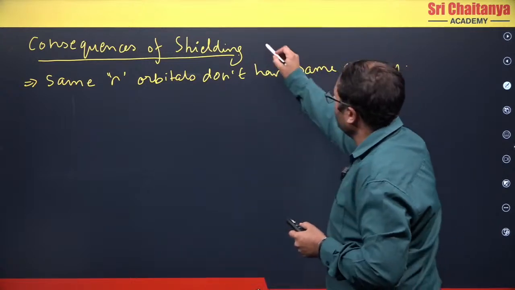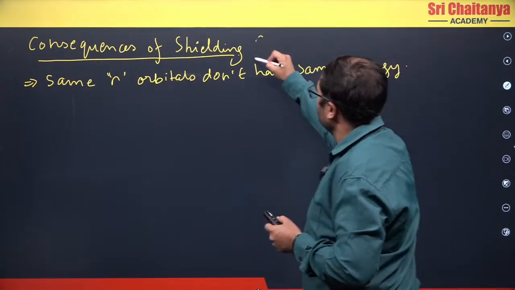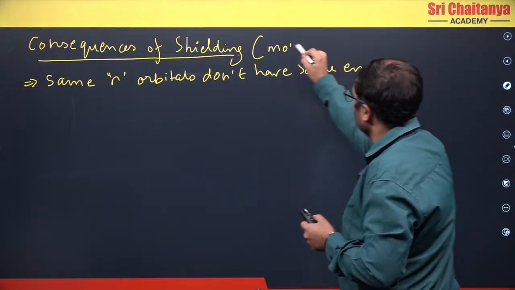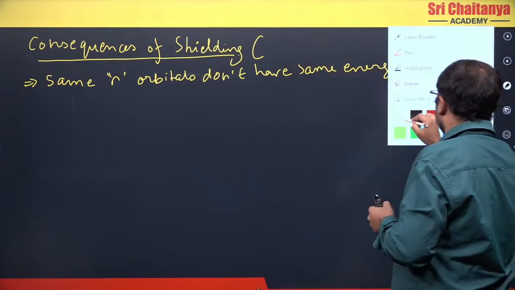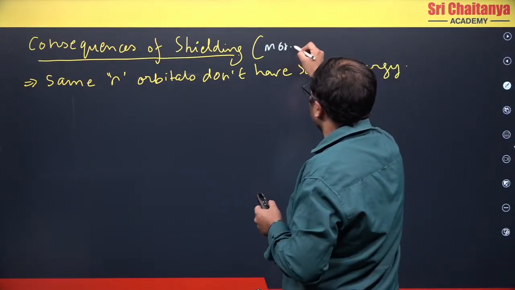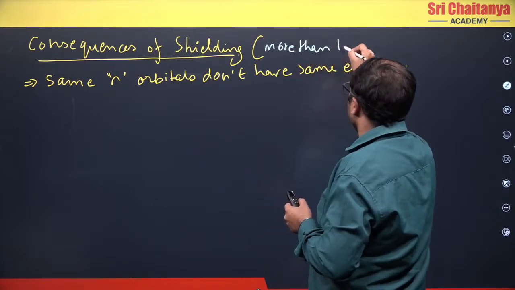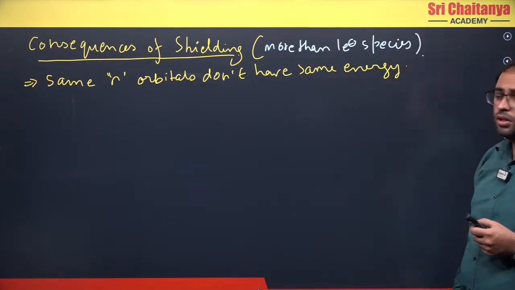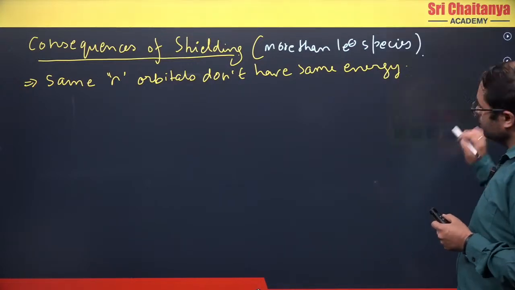This is now for more than one electron species, right?